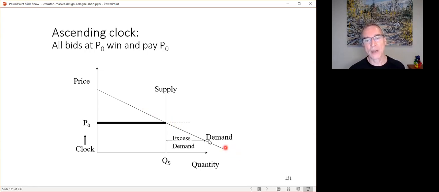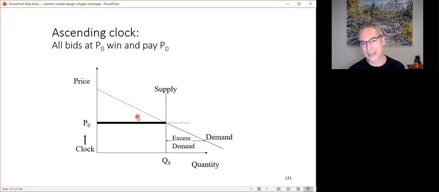But when we do discrete rounds, the state of the art is to always ask, so you might have an opening price, let's say right here, where you initially ask everybody what quantity they want. But then in all subsequent rounds, you have an interval of prices, and you're asking the bidder to express the quantity for all prices in that interval.